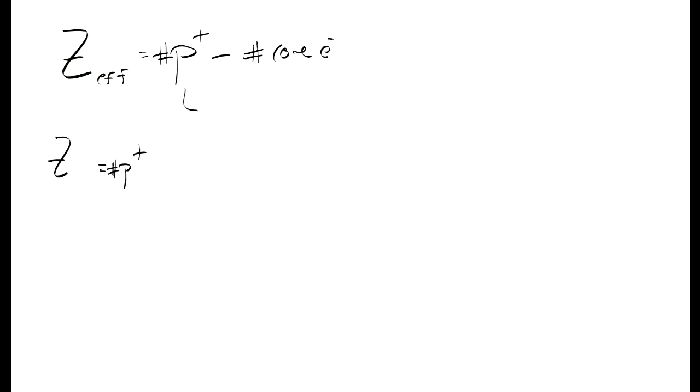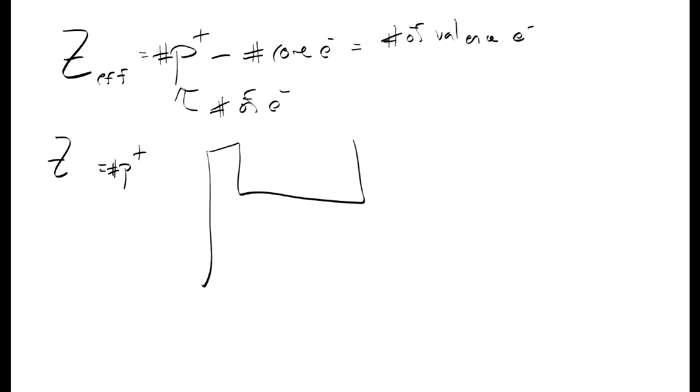The thing is, for a neutral atom, this is equal to the number of electrons. So in other words, the effective nuclear charge is equal to the number of valence electrons. So to put it another way, here you have your periodic table.